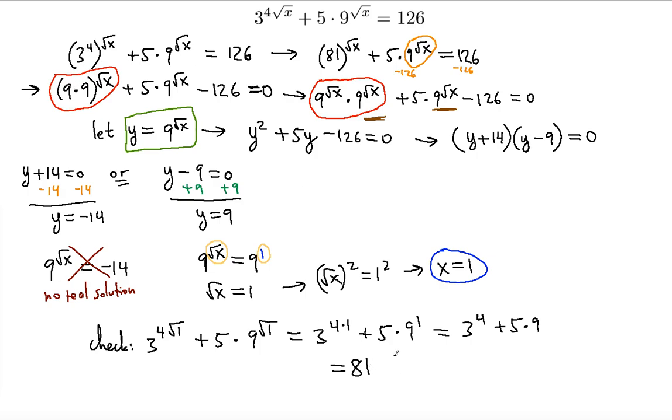So 81 plus 9 times 5 is 45. So 81 plus 45, that's 126. Bingo, right? So that checks. So that means this is a real solution. This is the only solution that checks. x is equal to 1 is your solution.